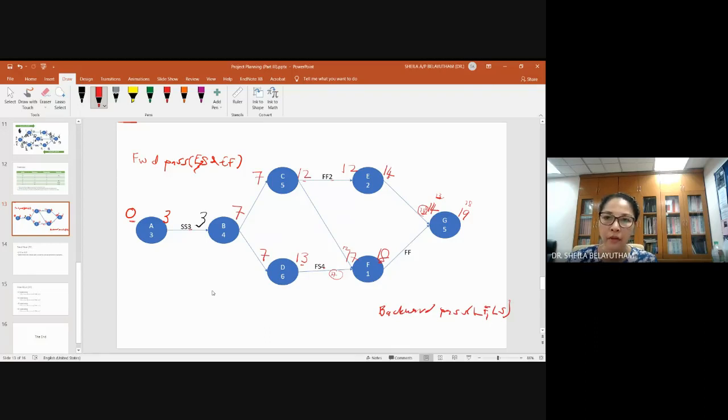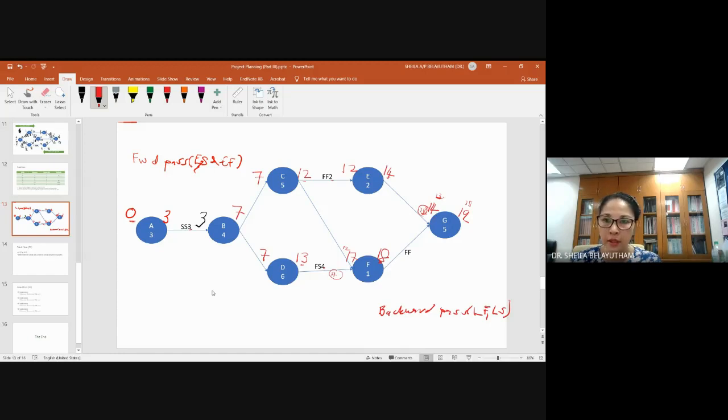And from here, finish to finish, activity F to G, it means that activity G will finish together with activity F. So you fill in the finish to finish first. 18. Make it small because we want to compare which is bigger. That's the main thing here. You don't want to overlap activities and simply select. You need to select the one which allows all activities to complete.